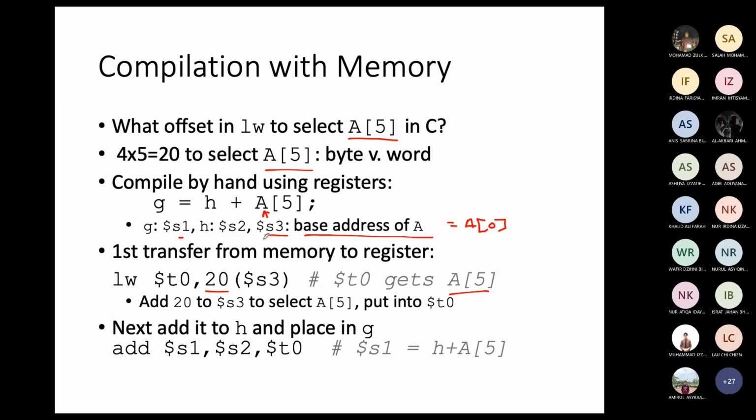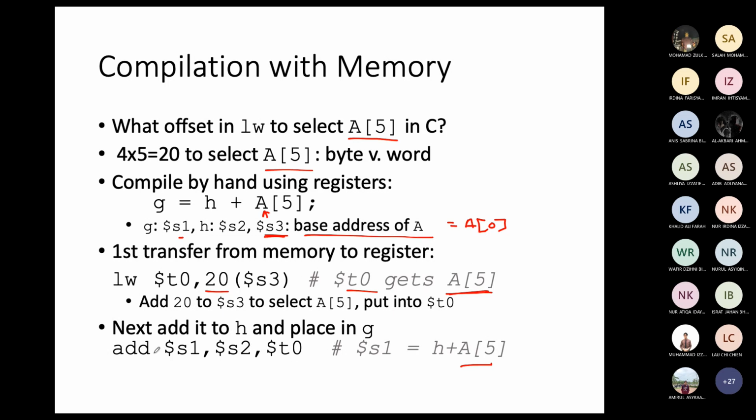And then the pointer register is $s3, right? So 20($s3) in brackets. So now we have A[5]. We only have A[5]. So next we add A[5] in $t0 to h and place it in g.